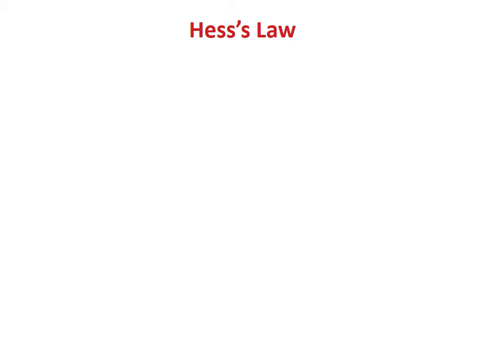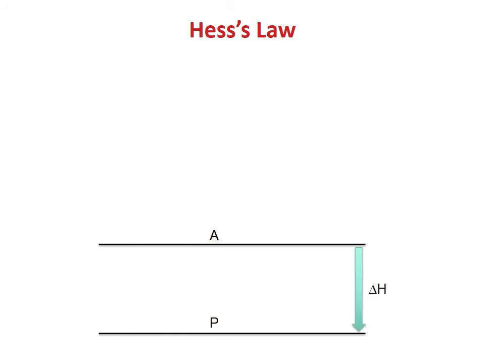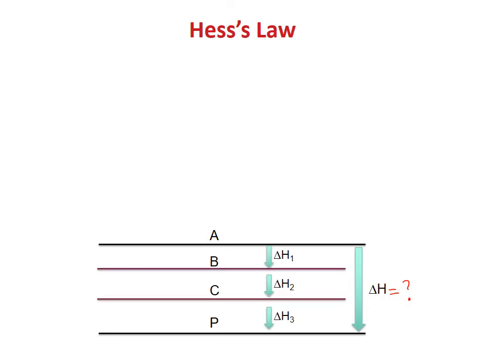If we have a chemical reaction where the reactant is A and the product is P, and we want to find the enthalpy change for this reaction, from A to P there may be a different path. A can first go to form B, then B goes to C, and then C goes to P. So this is a different path.